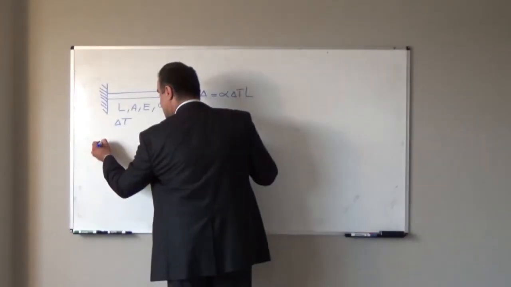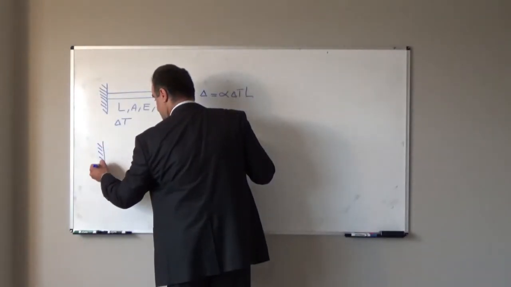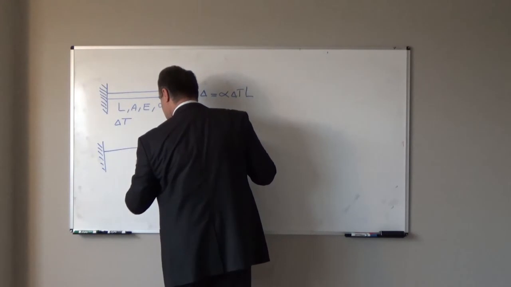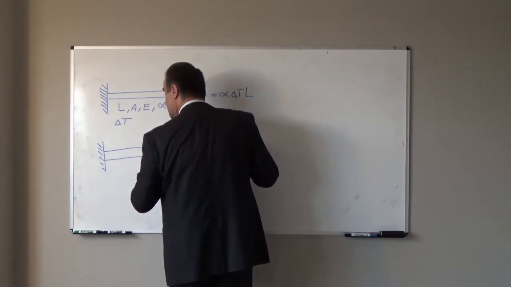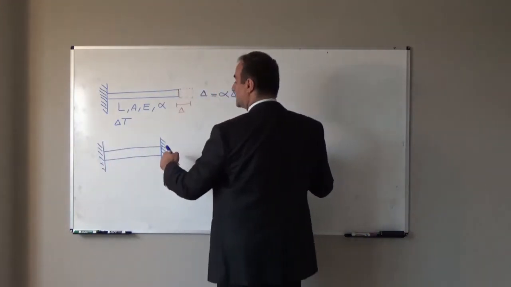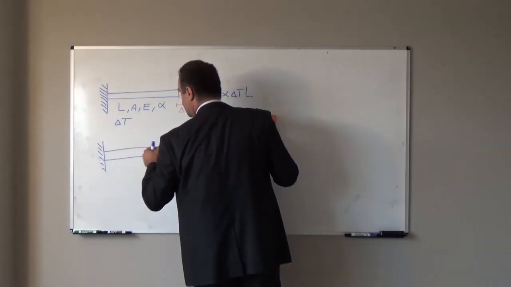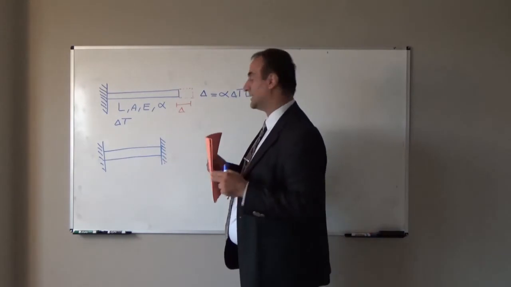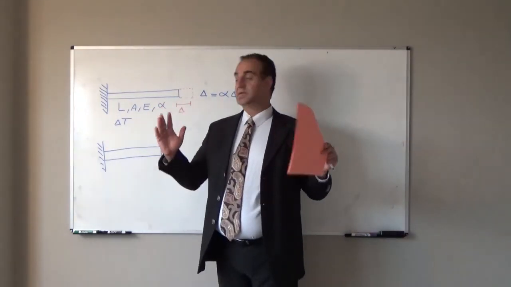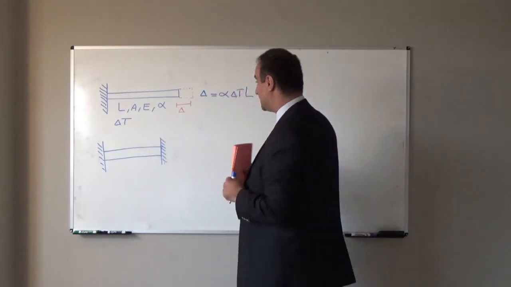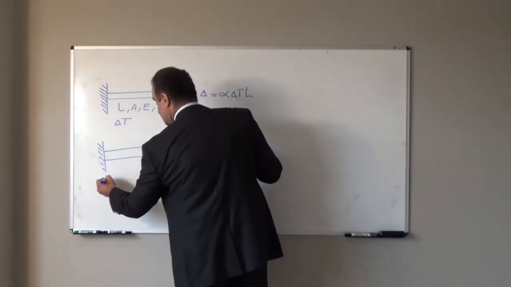Assume it is the same rod, but this time it is between two fixed supports. Here we have a wall, here we have another wall, and the rod perfectly fits between the two walls, and we attach it to those walls, perfectly fixed. I increase the temperature. What will happen? Again, everything is the same.